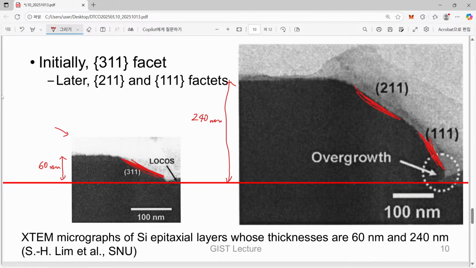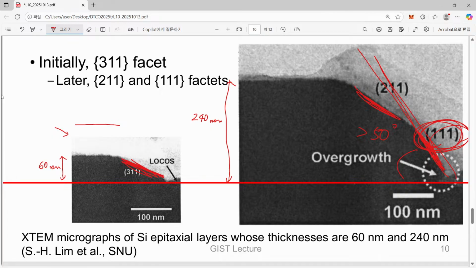So starting from this relatively moderate angle, if we go to an even thicker case, then it becomes steeper and steeper. And if time elapses further and further, what eventually remains is this one. Its angle is more than 50 degrees, and this will be the typical behavior of our long-term selective epitaxial growth.